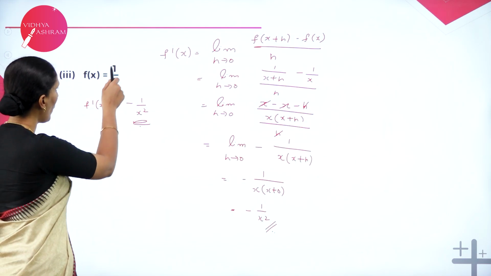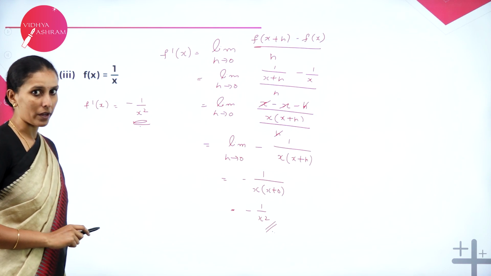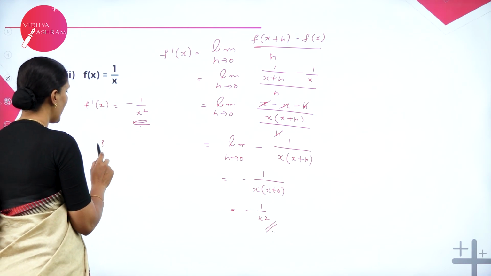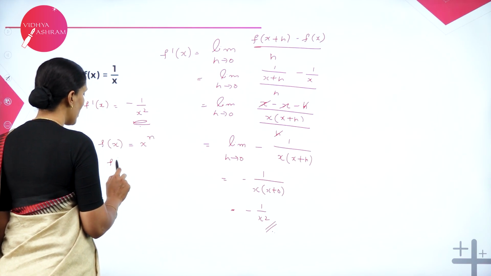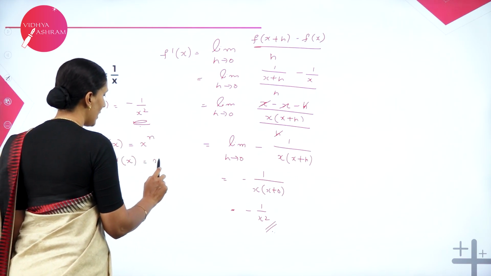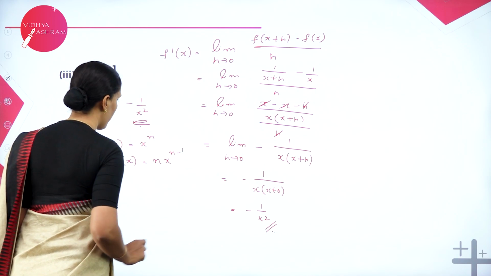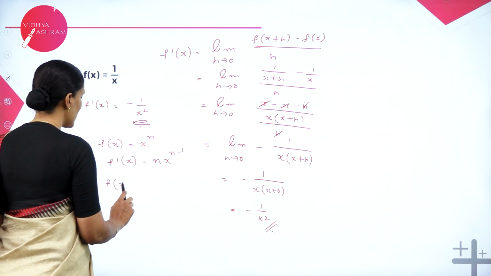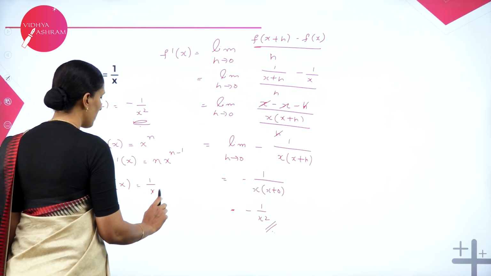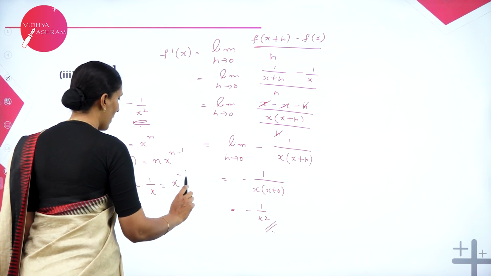And here we got the derivative of 1 by x as minus 1 by x square. So let us use the concept of x power n. If f of x is equal to x power n, then f dash of x we got as n into x to the power n minus 1. Now here we have 1 by x. So f of x is equal to 1 by x means I can write this as x to the power minus 1.